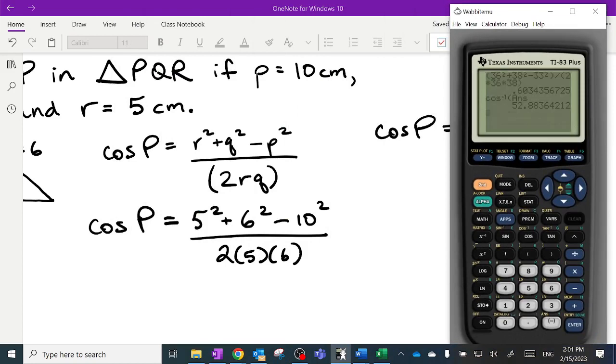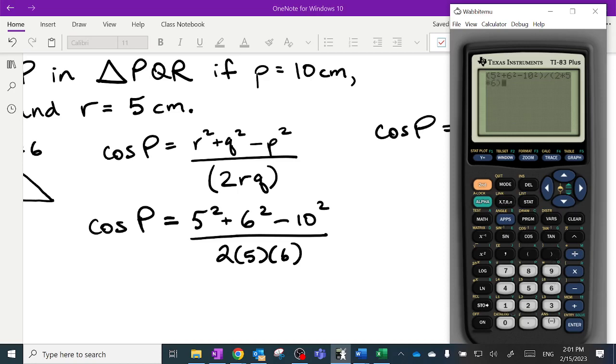It shouldn't do that. You get what you pay for with this app, I guess. Open a bracket, 5 squared plus 6 squared minus 10 squared, close my bracket, divide by, open my brackets, 2 times 5 times 6, close brackets.